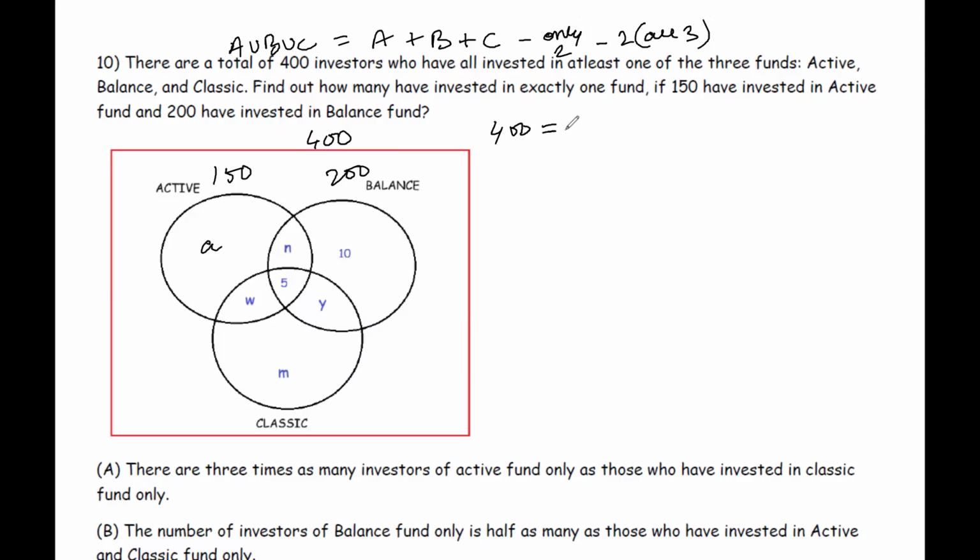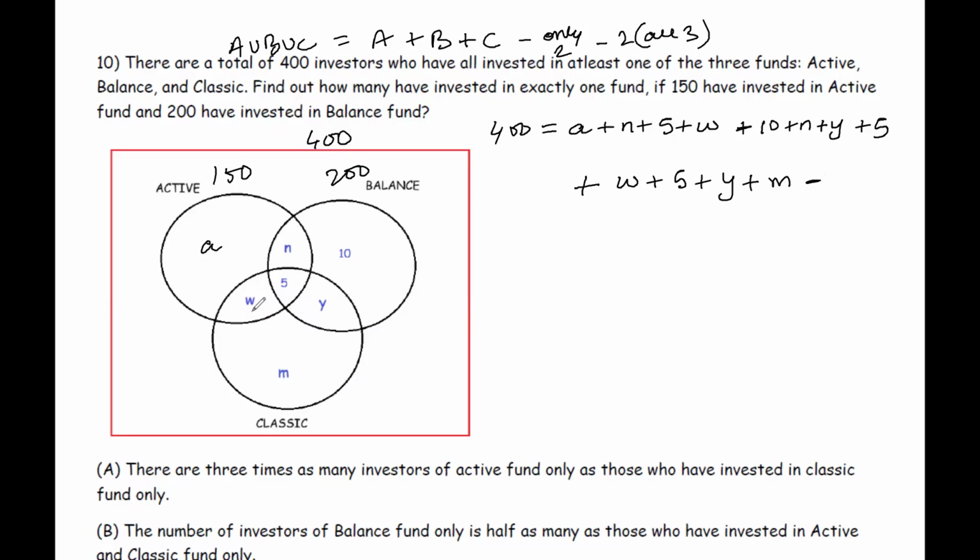So 400 is equal to A, which we'll write as A plus N plus 5 plus W, plus B. B is what? This entire thing, so that will be 10 plus N plus Y plus 5, plus C, which is this entire thing, which is W plus 5 plus Y plus M, minus only two groups.